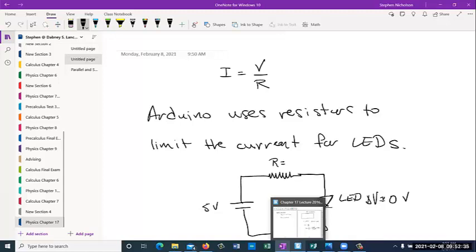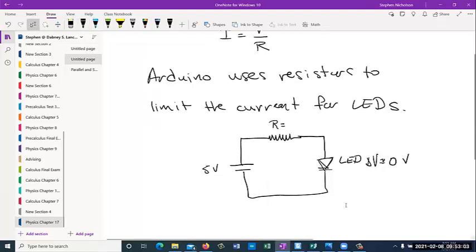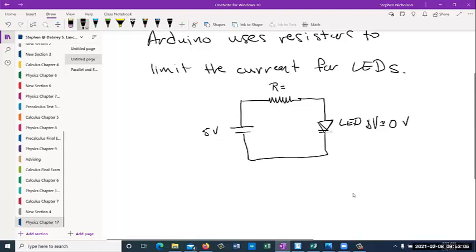Okay, so I found my resistors. There's a lot of them. There's 220 ohms and there's 330 ohms. So you can actually use either one of those. Either one's going to work. If you use a 330, it offers a little more protection than a 220 ohm resistor. So the current is voltage divided by resistance.